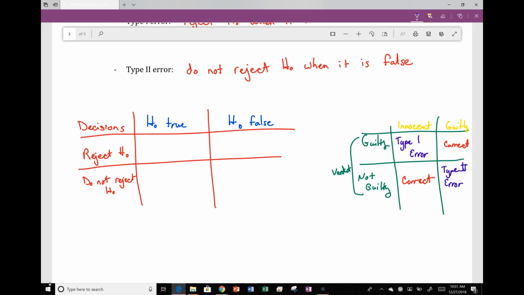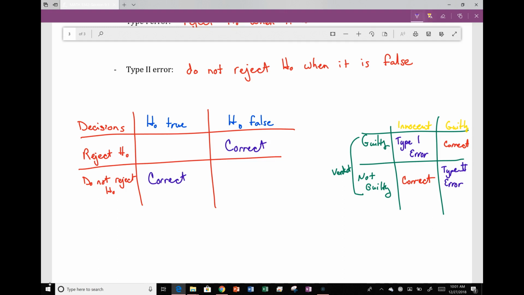So we use this same concept over here with hypothesis testing. If the null hypothesis is true, our correct decision is to not reject it. If our null hypothesis is false, our correct decision would be to reject it because it's false.